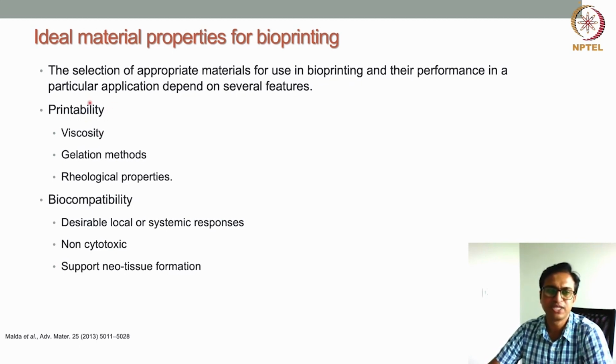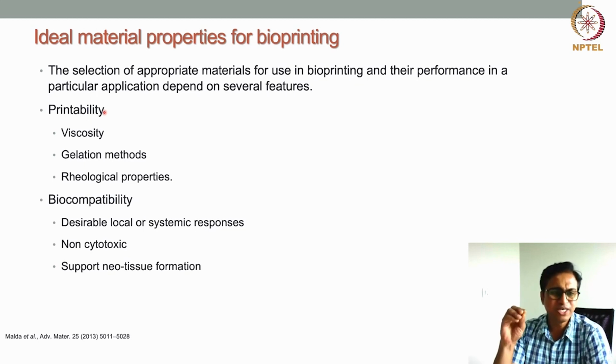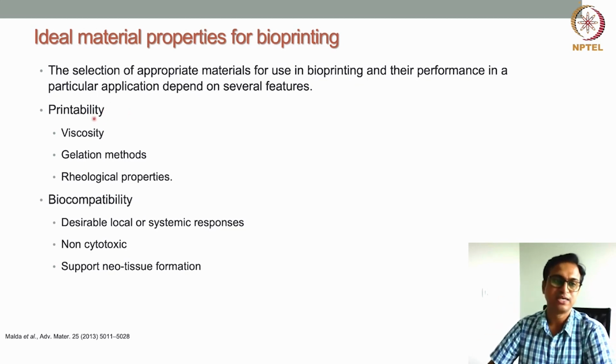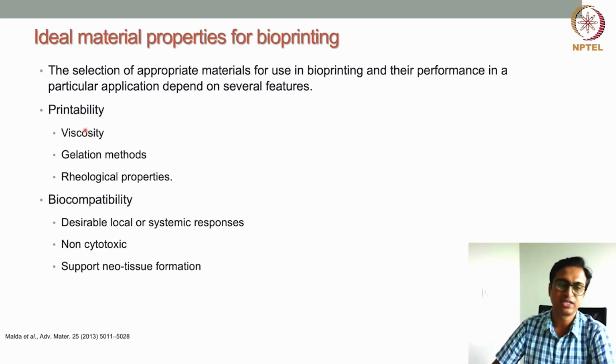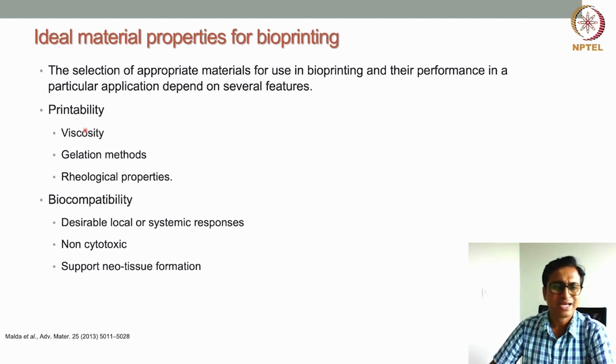So printability would be compromised. Similarly, if you use a very high viscous material, we need to exert a lot of pressure to extrude the material on the print bed. So that is another important concern. You need to choose a viscosity depending on the particular type of material; different levels of viscosity can be used.